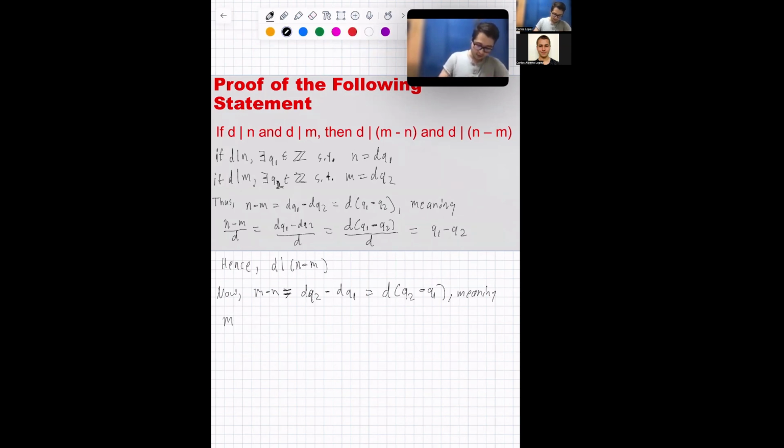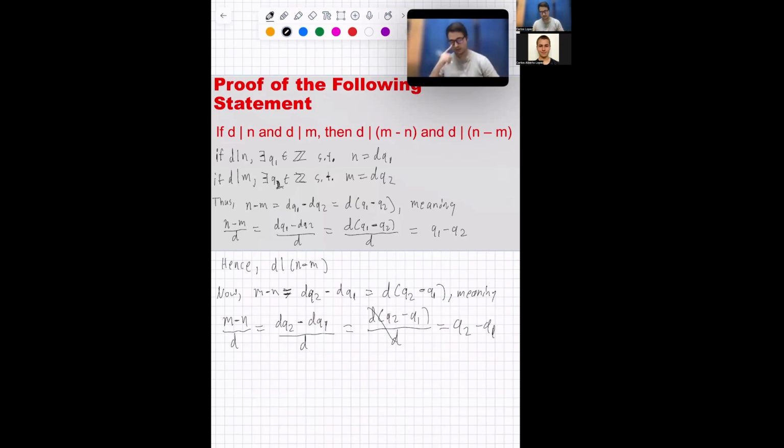So you're gonna go with m minus n divided by d. It's gonna be equal to dq2 minus d times q1, divided by d, which is equal to d times q2 minus q1 in the parenthesis, divided by d, which is equal to q2 minus q1, okay?